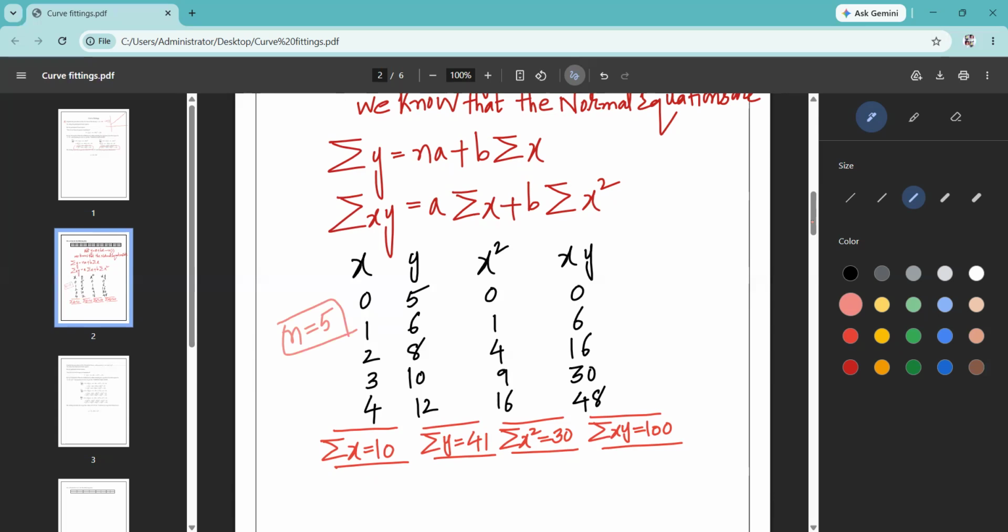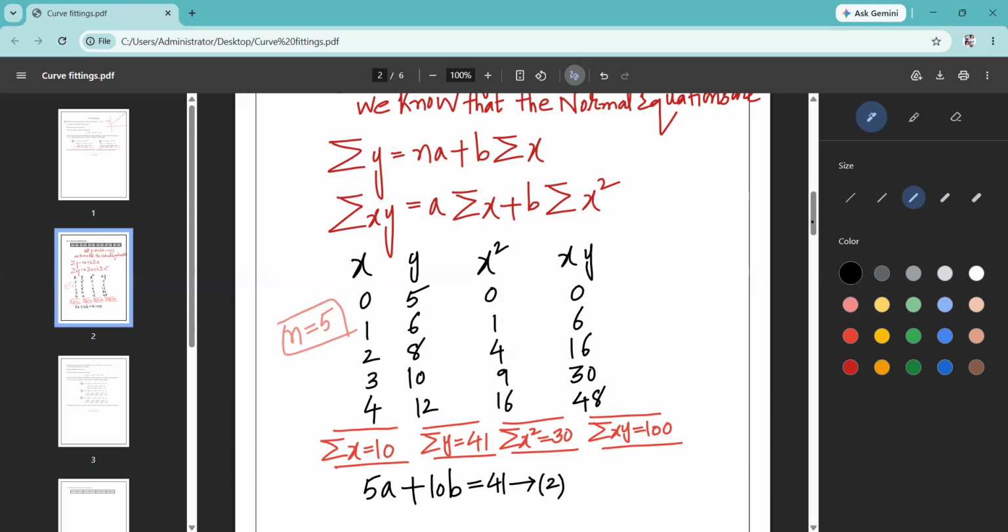So if you plug in the values here, n value is 5. So it is 5a plus summation x value is 10, so 10b, is equal to summation y, which is 41. We take this as the second equation.